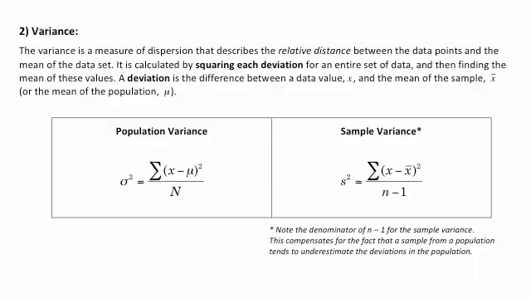And this compensates for the fact that a sample from a population tends to underestimate the deviations in the population. So a sample underestimates, and so we make a correction to the denominator. The reason why isn't important. It comes from some heavy-duty mathematics that we're not going to go into now. But that is a difference between sample variance and population variance.